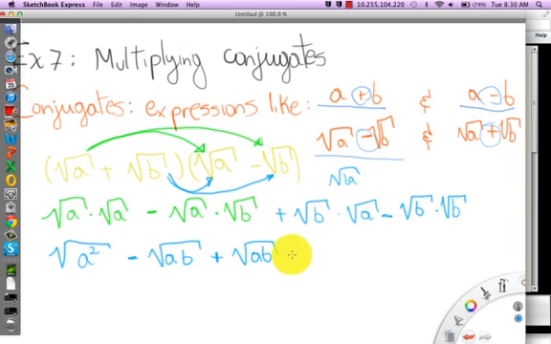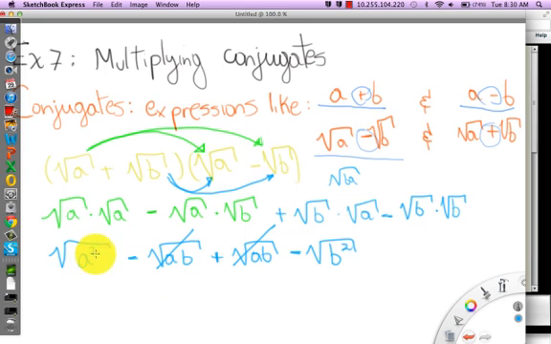And then finally we have a minus, same index here, and b times b is actually going to give me b squared. This leaves a couple of things to simplify, which are going to be this one right here and this one right here.